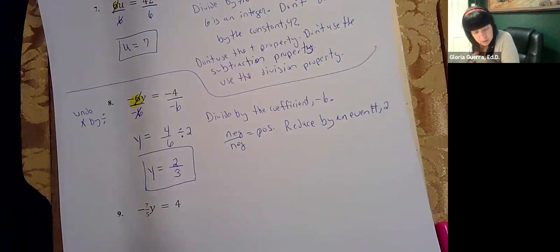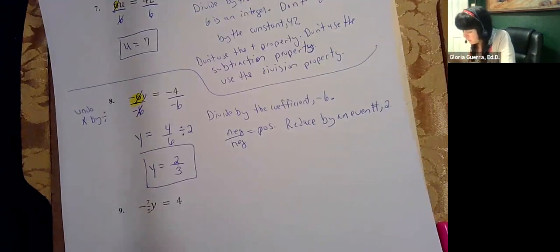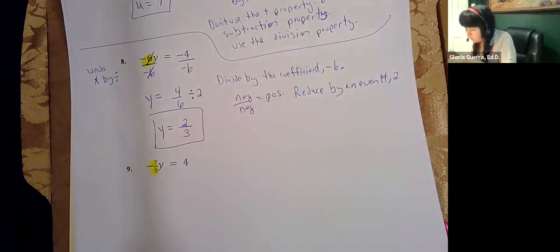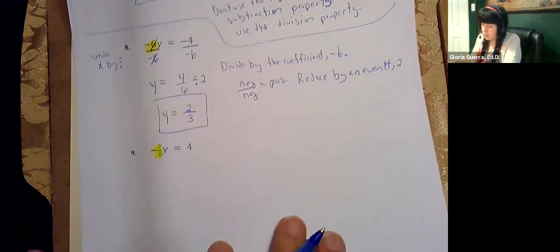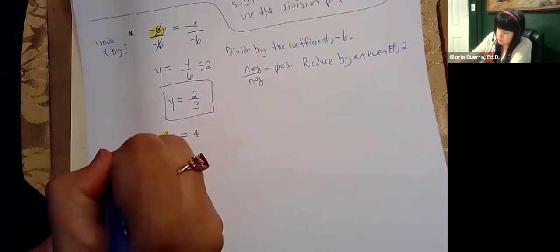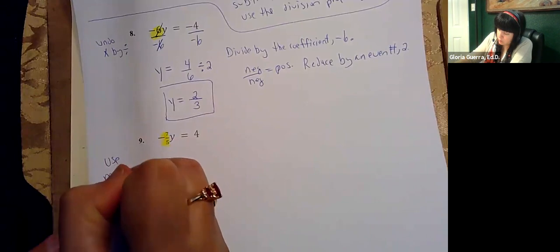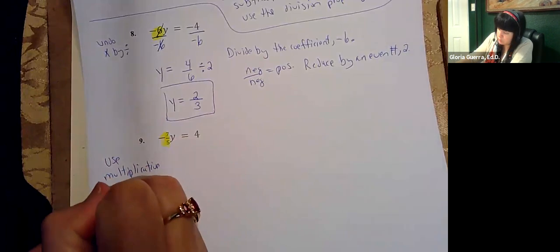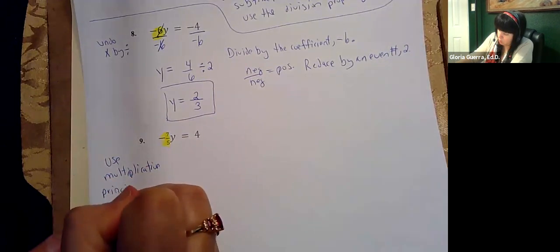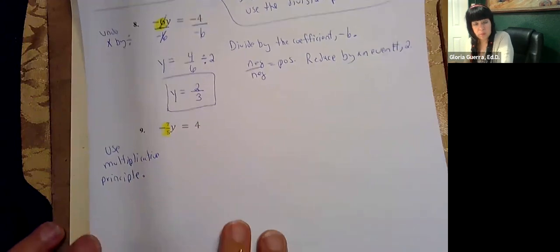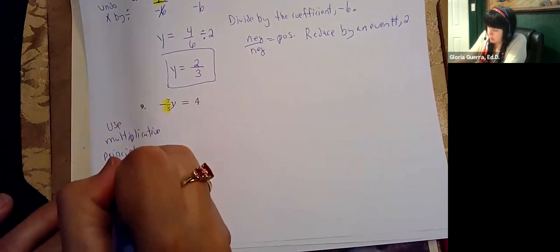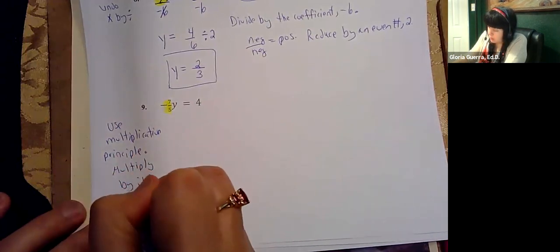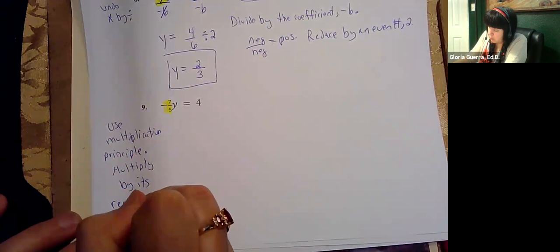Now on number 9, -7/5 y equals 4. Here we're going to use the multiplication principle, and we're going to multiply by its reciprocal.